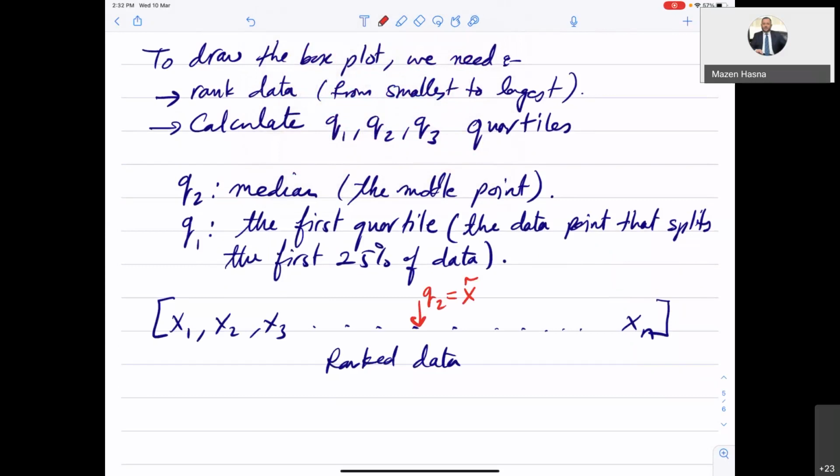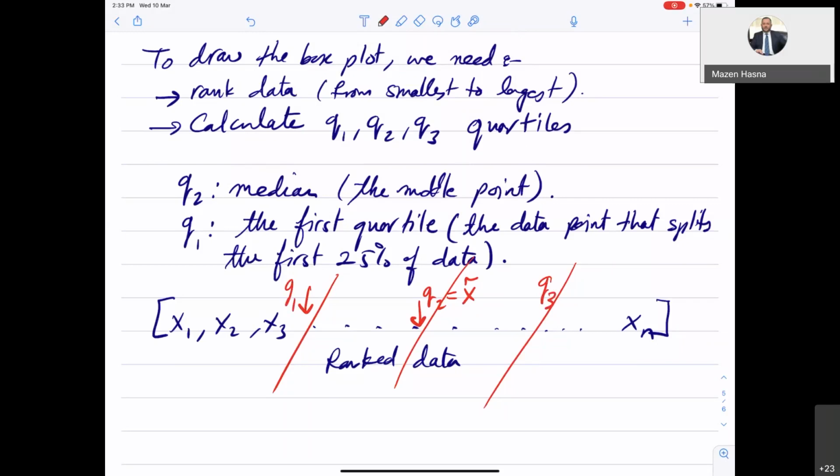Then Q1, if you split your data into 4 parts, this will be your Q1, this will be your Q3, and the middle one is your Q2.